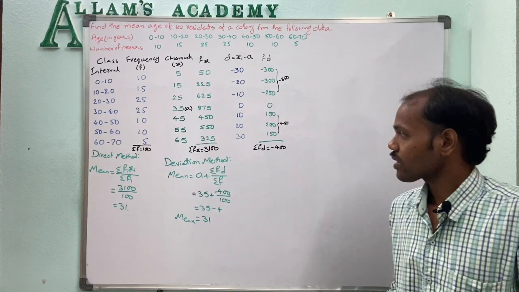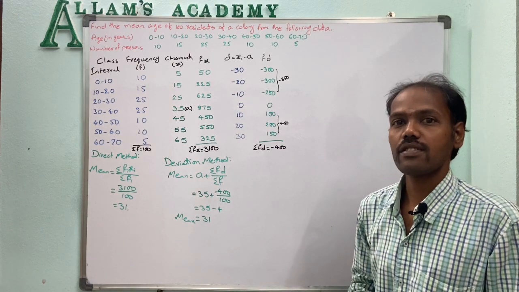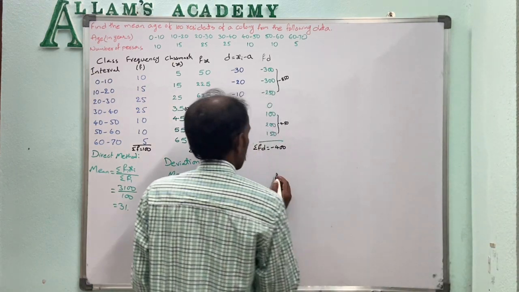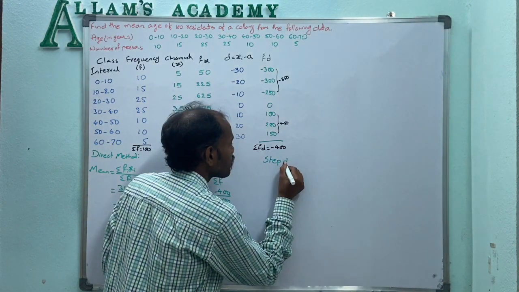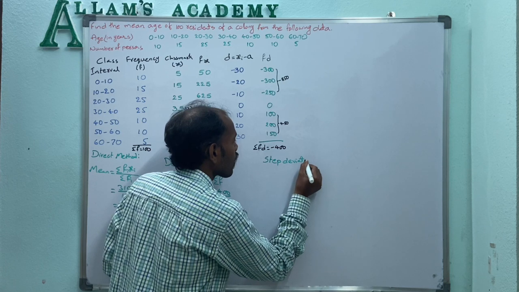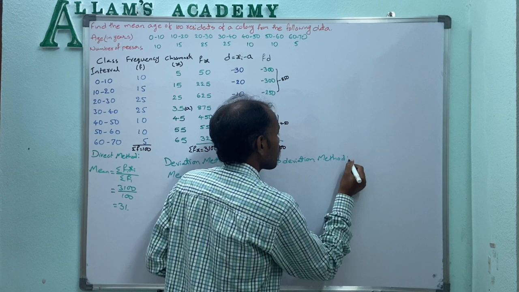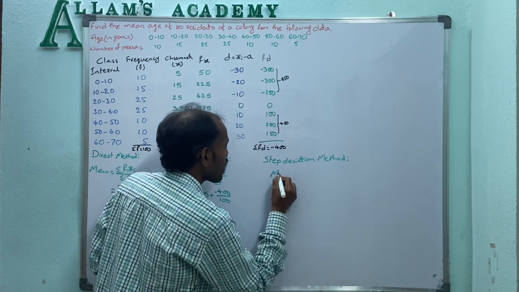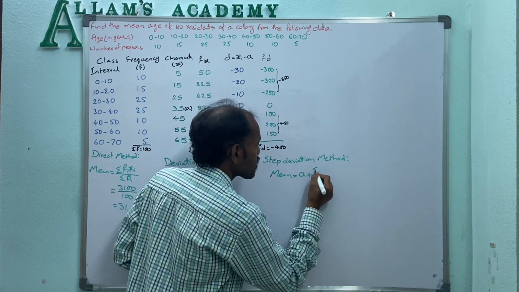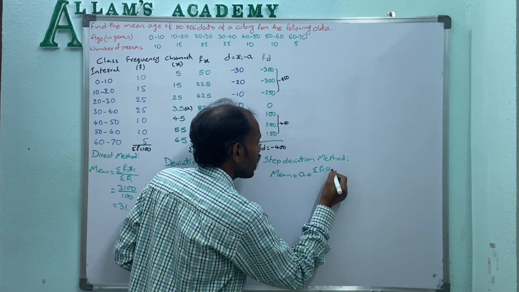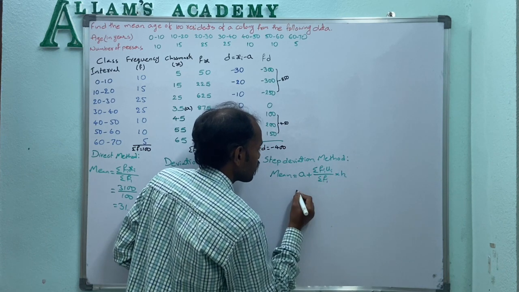Okay. Now through the step deviation method we also find the mean, and check whether we get the same result. For finding the mean, the principle is A plus summation fi ui by summation fi, into h.